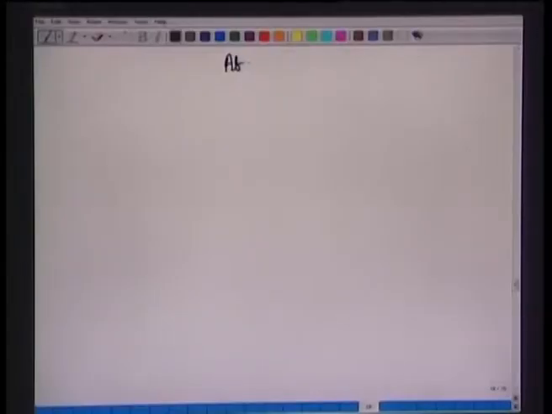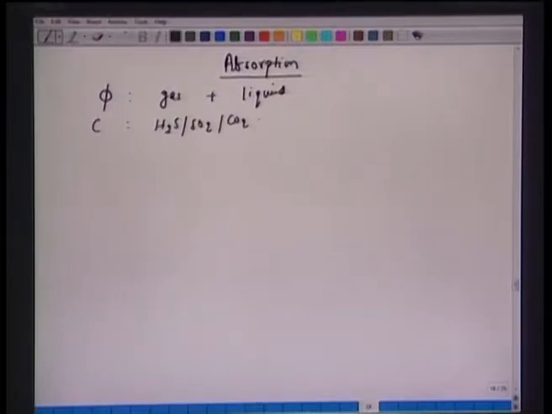So, we begin the first unit operation, absorption. So, we have 2 phases, gas plus liquid, and we have two components. So, we have, say, H2S, for example sulfur dioxide, or say carbon dioxide in air. So, we have two components, one component is air and the other component is, let us say, sulfur dioxide.